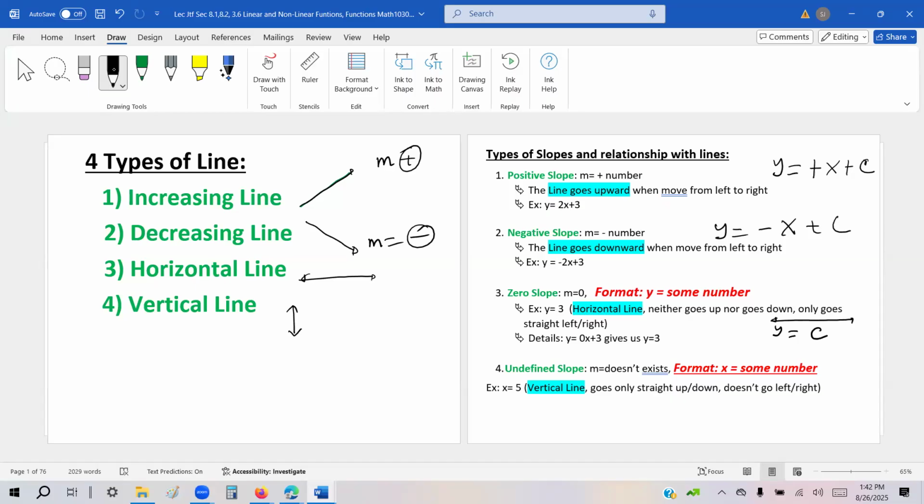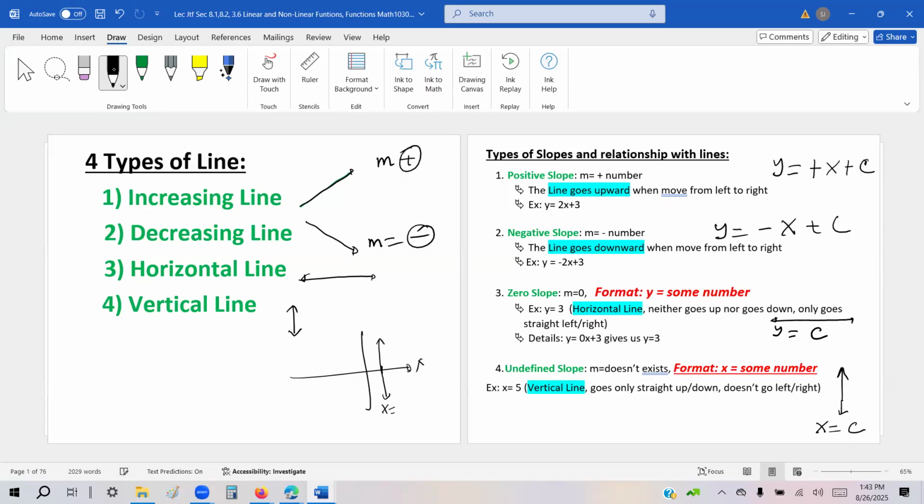So these three types of line have three types of slope, and now comes the last line, vertical. Since you are going straight up and down, it has x equals some number, because our y-axis is going straight up and down. Sorry, my mistake. On the plane, this is a vertical line.